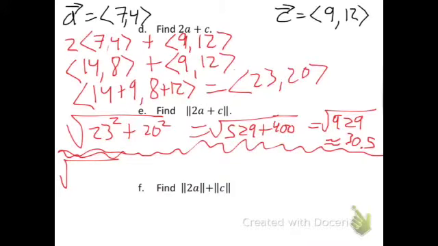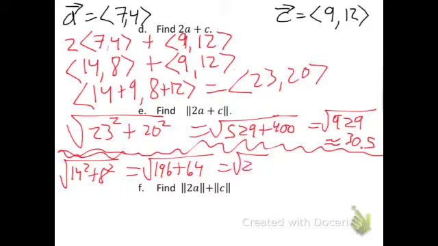To get the magnitude of 2a, do 14 squared, add that to 8 squared. 14 squared is 196. 8 squared is 64. If you add those together, you're looking at the square root of 260, which is approximately 16.1. And now we need to get the magnitude of c, and c is just 9, 12.